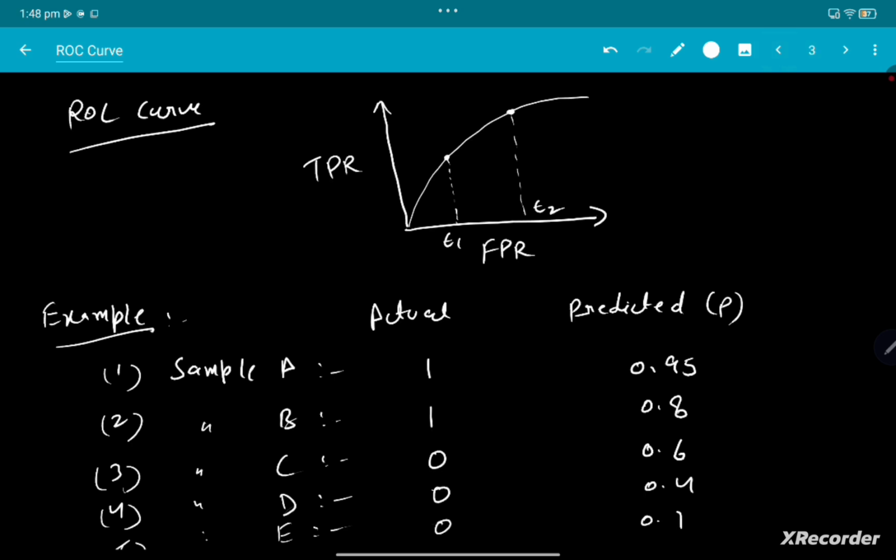Now let us further reduce our threshold to 0.6. Now in this case, your A, B and C will be predicted as positive.